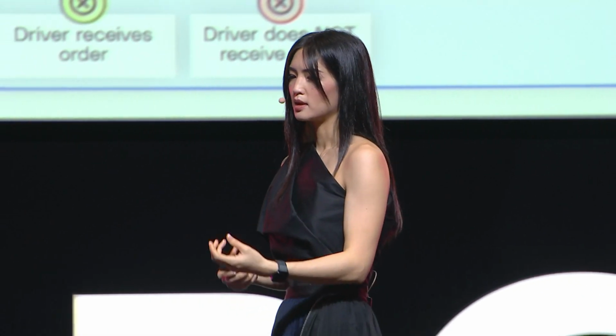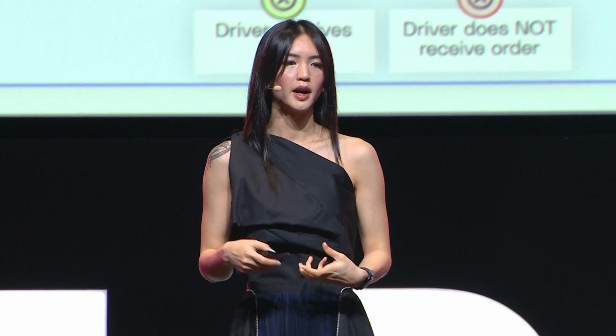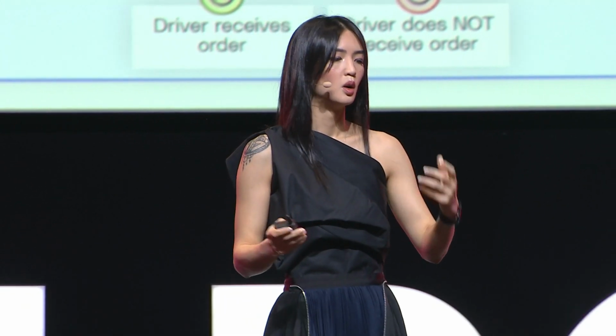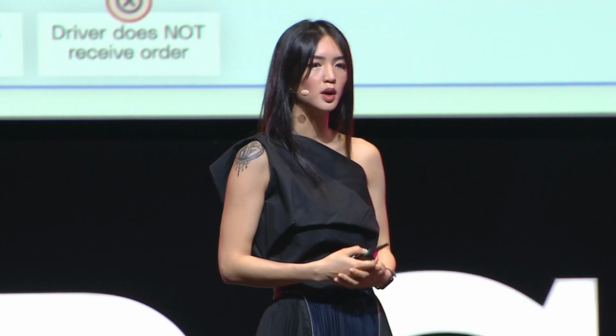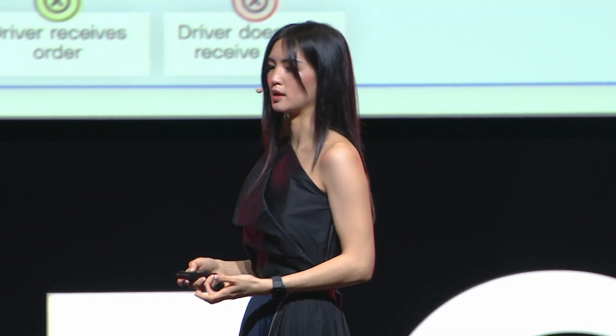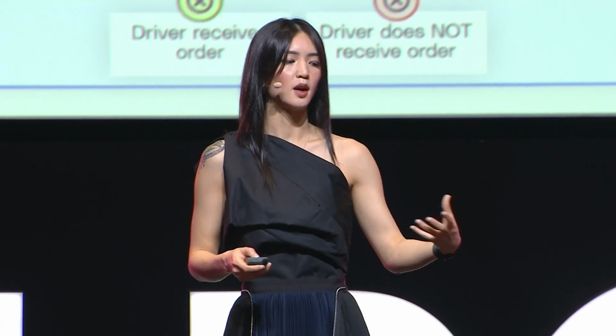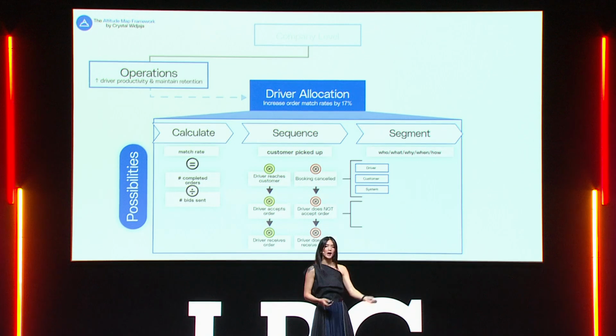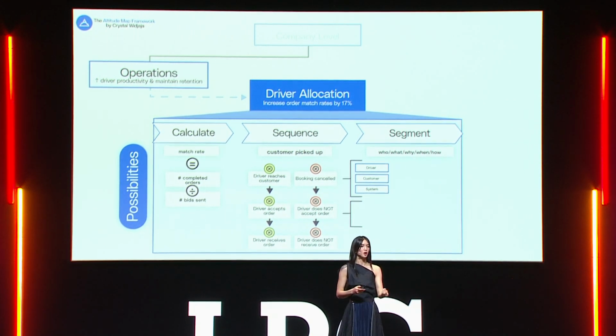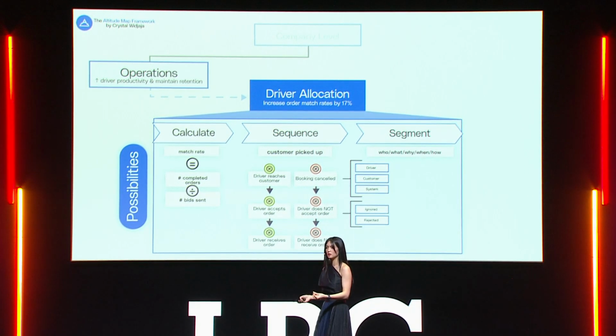And the last piece is to segment. It's thinking about who, why, when, where. Why was that booking canceled? Who canceled that order? Was it a driver, customer, the system? It's breaking down further. If the driver did not accept the order, what happened instead? Did they ignore it? Did they reject it?